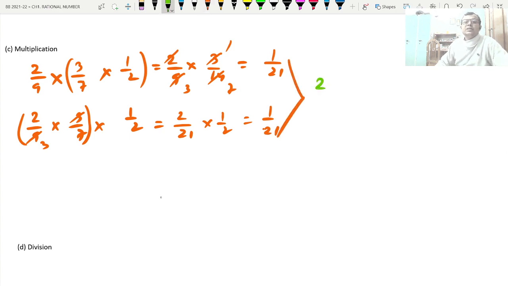This implies 2 by 9 into 3 by 7 into 1 by 2.